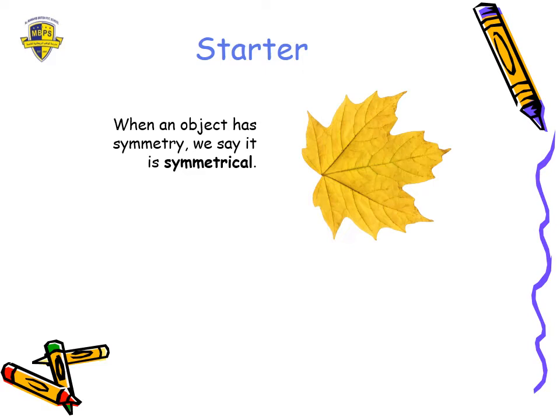Like this, we can draw the line of symmetry for these three leaves, and this is the line of symmetry. The line of symmetry divides any shape into two identical parts. When you fold the paper, these two parts become identical, and any shape that has a line of symmetry, we name it a symmetrical shape.